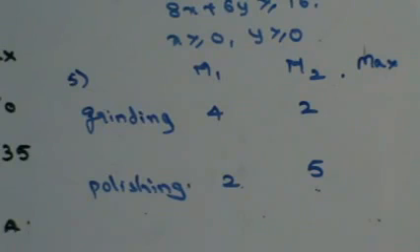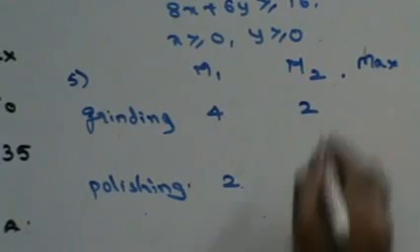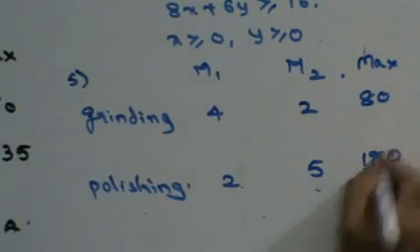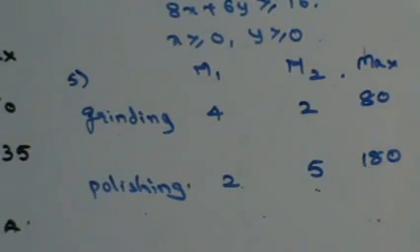Now guys, I have 2 grinders and each grinder is going to work for 40 hours, so 2 grinders will work for 80 hours. Each polisher works for 60 hours and I have 3 polishers, 60 into 3, 180 hours. That's the maximum time. Okay, let's move on ahead.